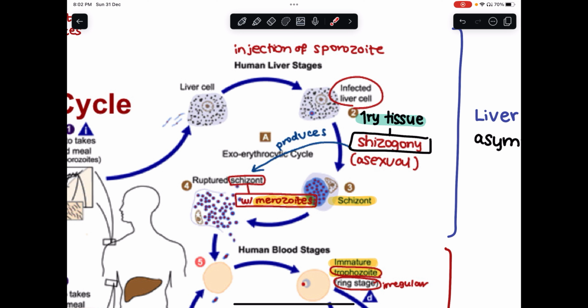Well, basically we have schizonts now. So what are schizonts? Schizonts are like the cell with multiple malaria stages called merozoites.